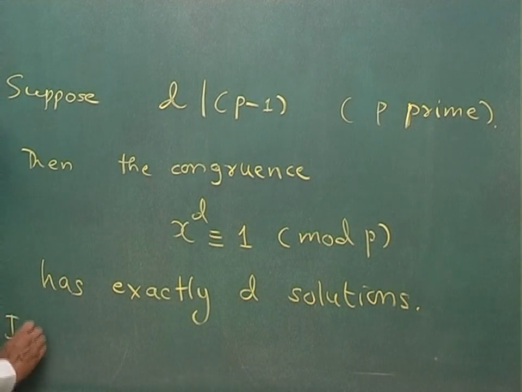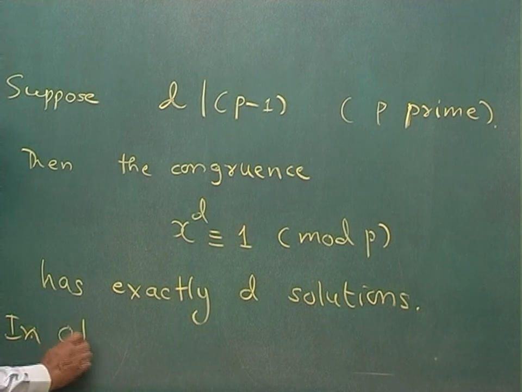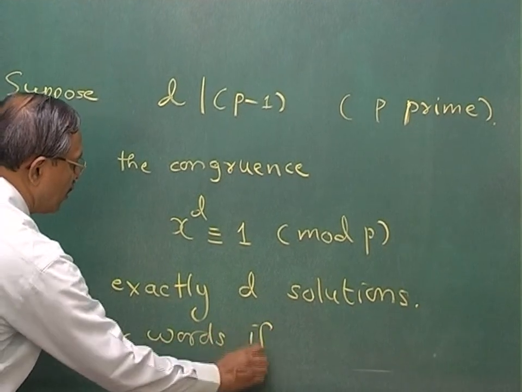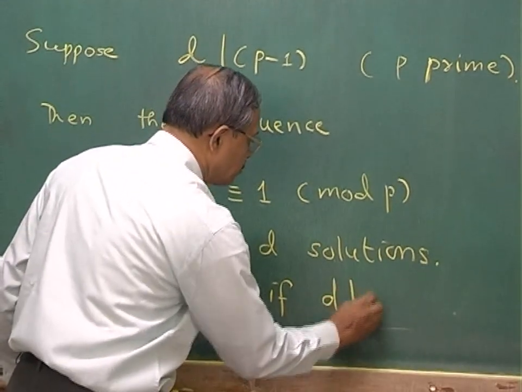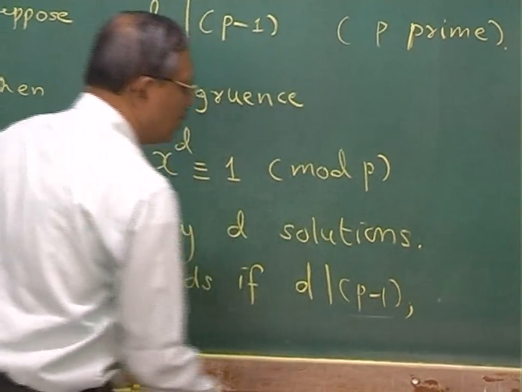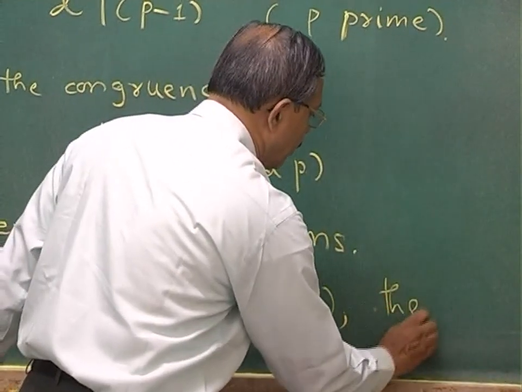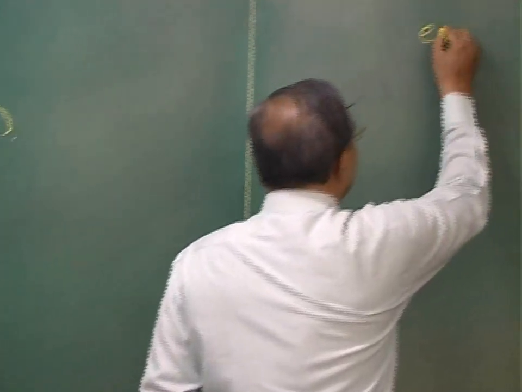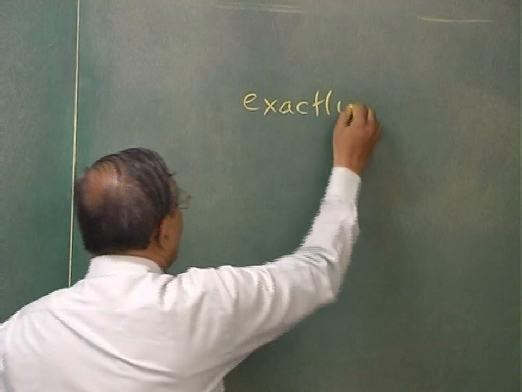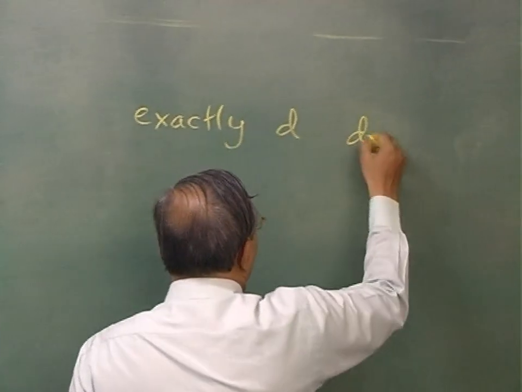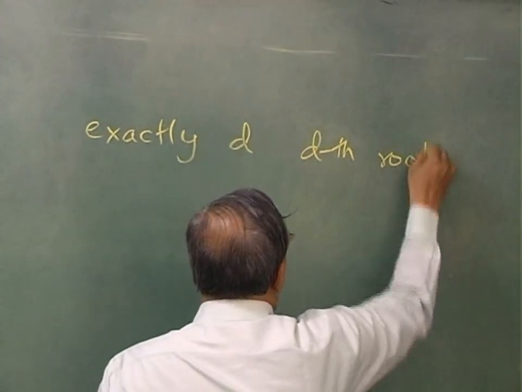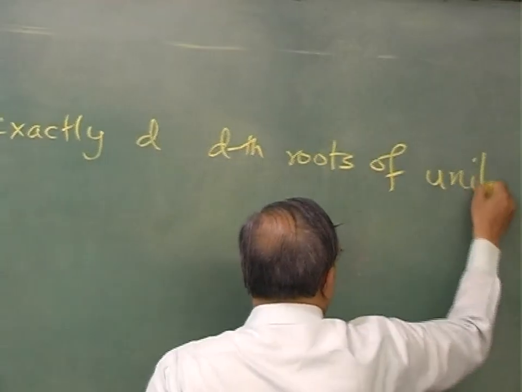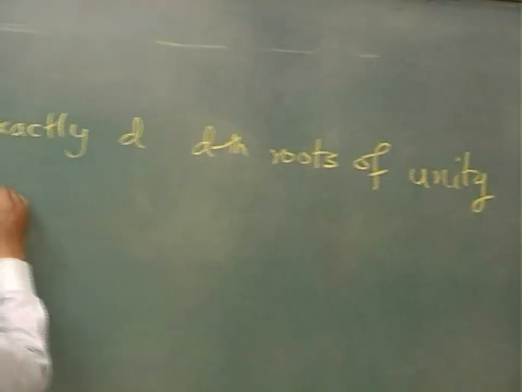In other words, if d divides p minus 1, there are exactly d dth roots of unity mod p.